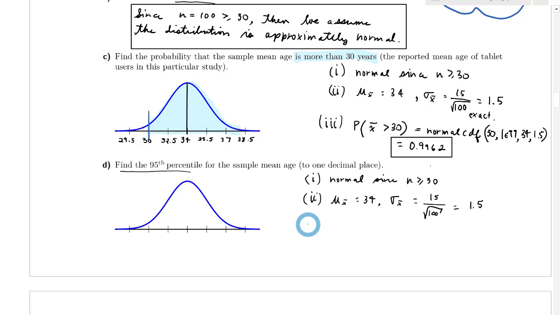Okay, and the third part now is figuring out what we're doing here. We're trying to find the probability such that x bar, the sample mean, has a relationship with some value, and this probability has to do with 95%.